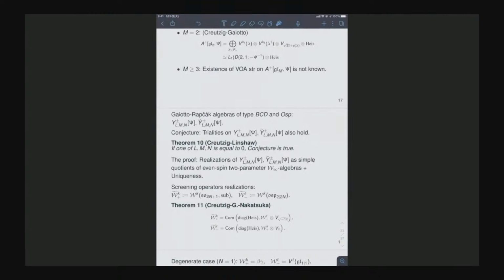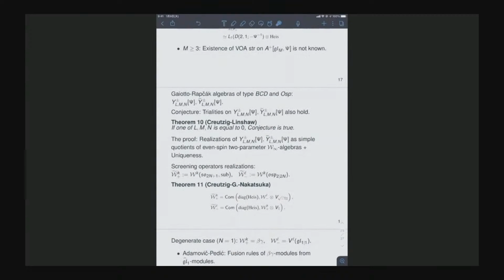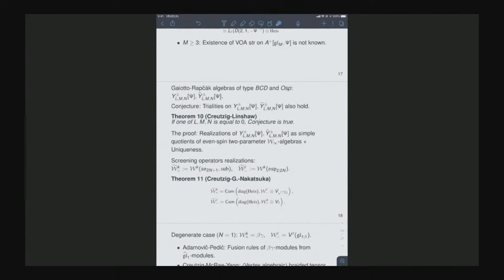And they realize these algebras as simple quotients of the even spin W-infinity algebra, and also using the uniqueness argument forces triality. So this is a very nice result. So the question is how about screening kernel realization? In fact, we don't know except for some special cases.